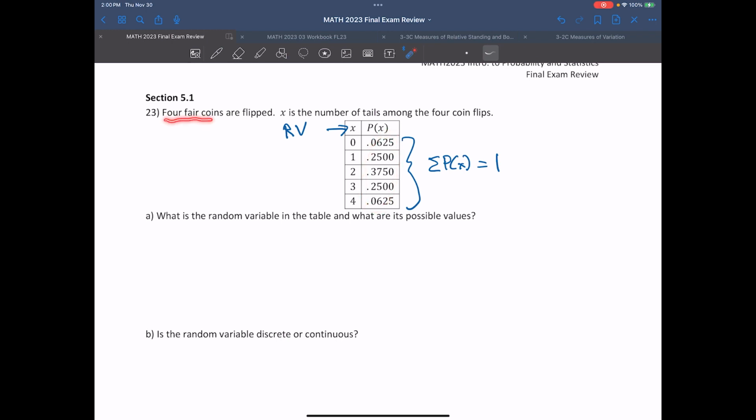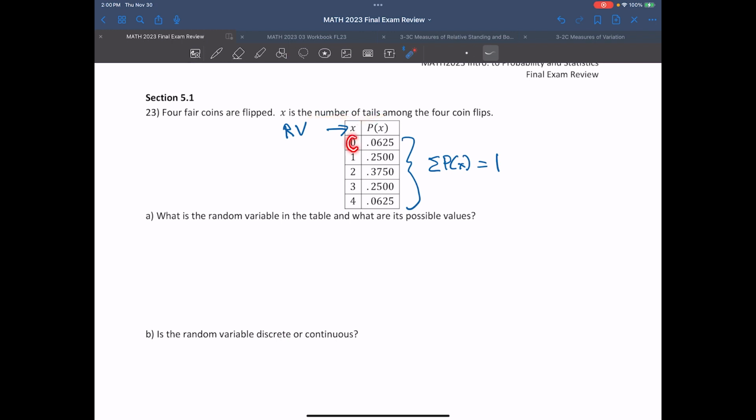So the 4 fair coins are flipped. X is the number of tails among 4 coin flips. And by the way, we really should say these are flipped sequentially because if you were to flip, well, I guess it doesn't matter. So I was thinking about the dice problem from earlier. But anyway, yeah, so we flip 4 coins. X is the number of tails.